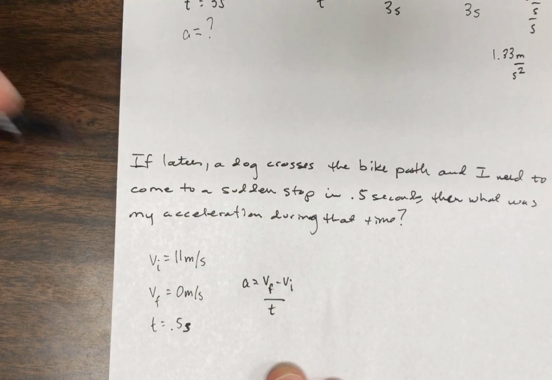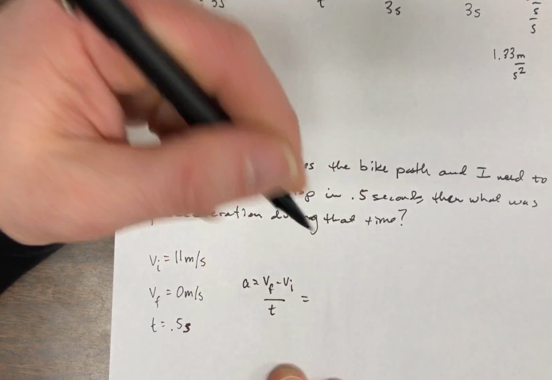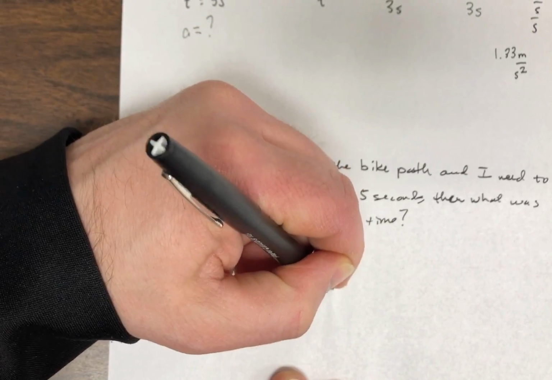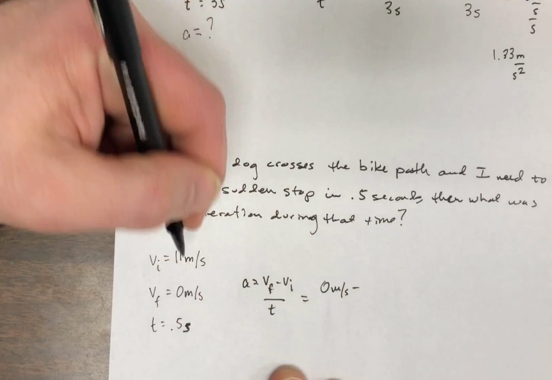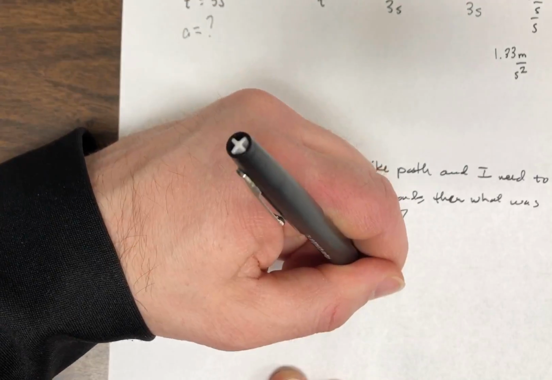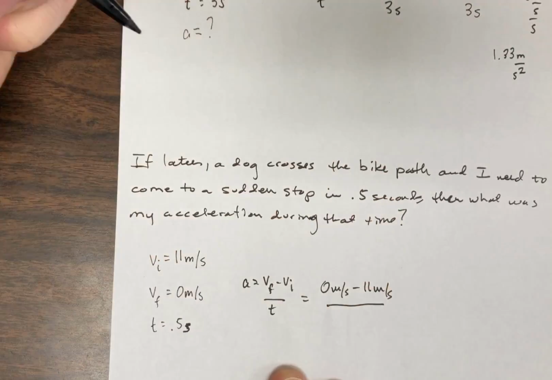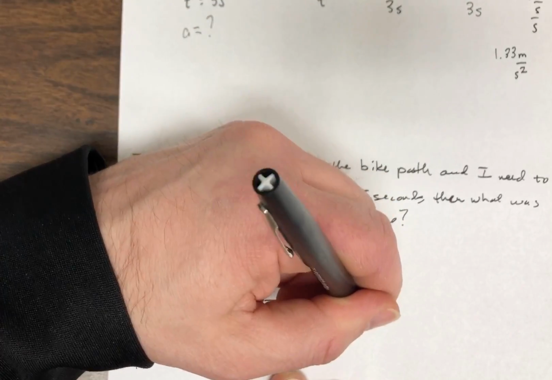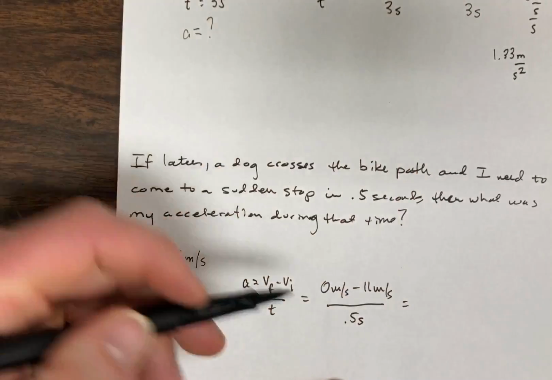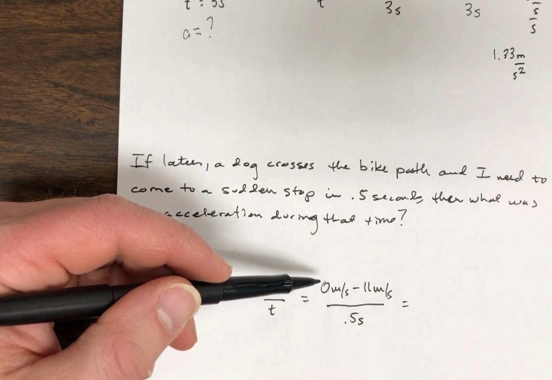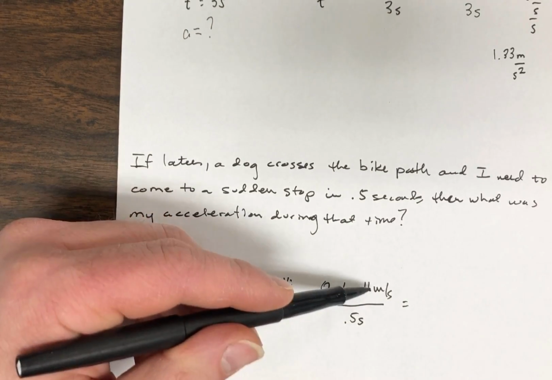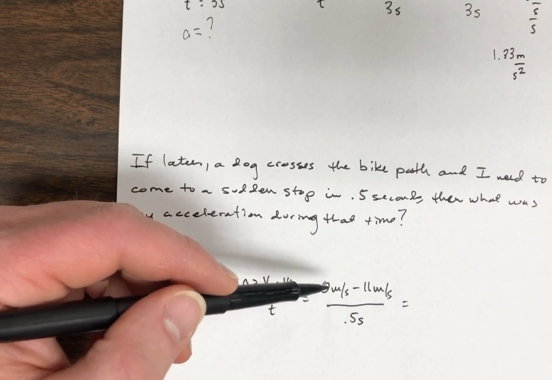And again, just plug the numbers in. So VF is 0 meters per second minus VI, which is 11 meters per second, all over 0.5 seconds. Now, on this one, a lot of times people mix it up because they think, well, you can't subtract a big number from a smaller number.